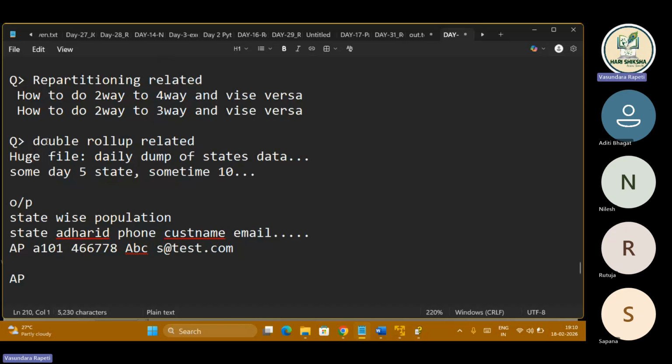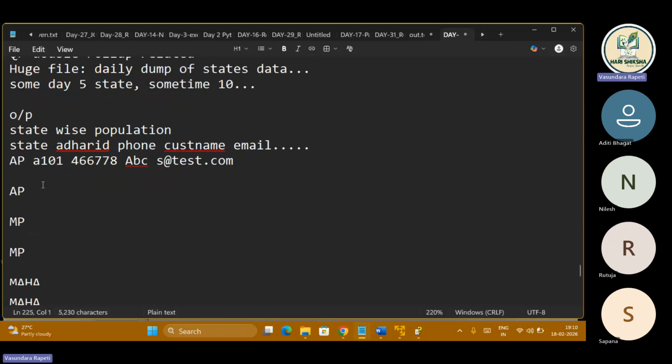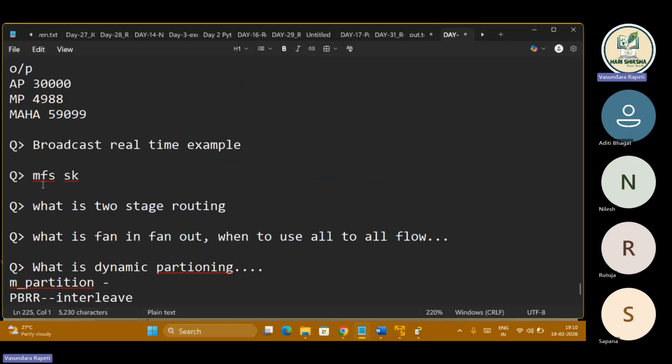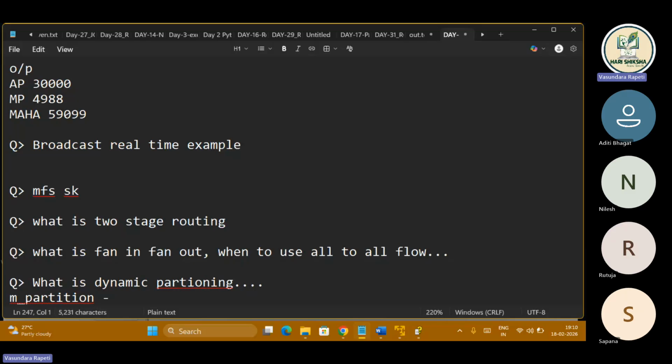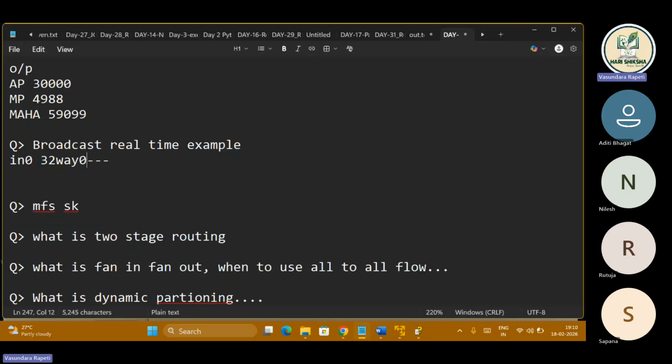Yeah, this all we discussed. Double roll-up concept we will discuss now. Then broadcast real-time example. Broadcast real-time example is simple. Suppose you have an input file that is 32-way MFS, and you have one serial file, then you need to join. How to join? You can't join like this directly.